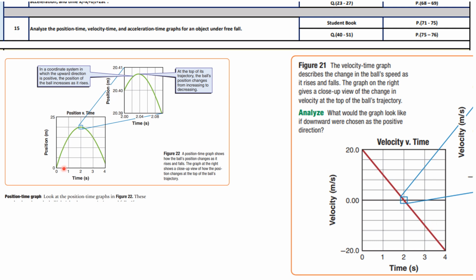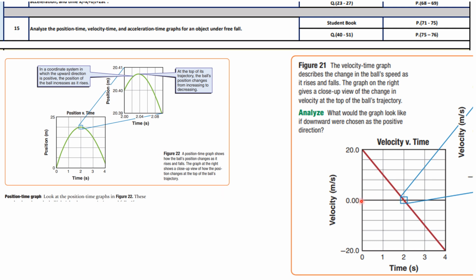So for the free fall, position-time graph and velocity-time graph. At the beginning you throw the ball at very high speed, here it was 20. When you lift the ball, it starts to lose velocity little by little. At the top, what happened? The ball, when reaching the top, has 0 velocity.